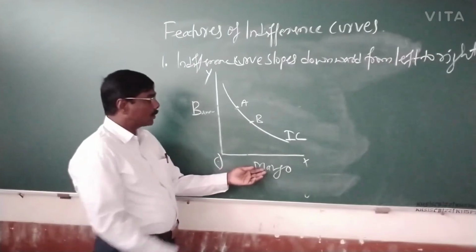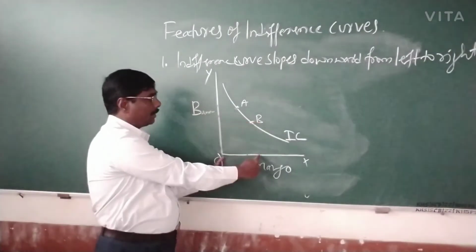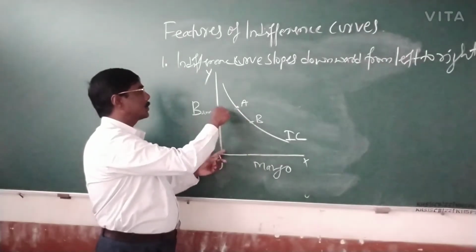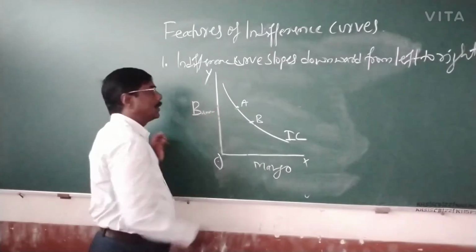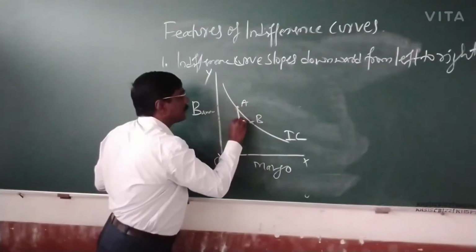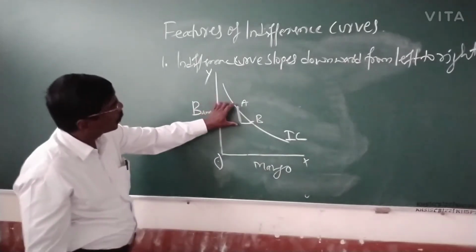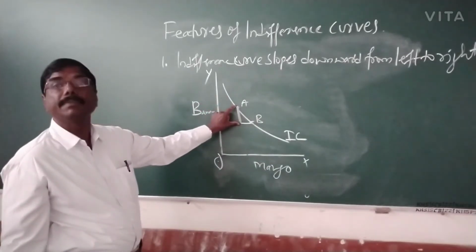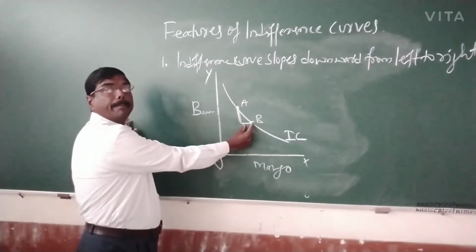So he wants to consume a greater quantity of mango, and he has to reduce this much banana. He has to reduce banana to consume more mango.